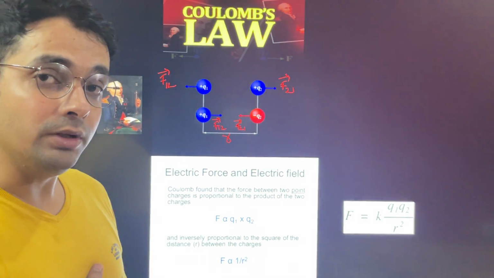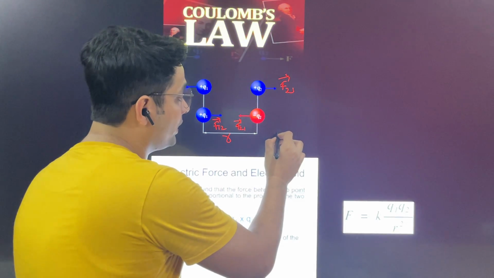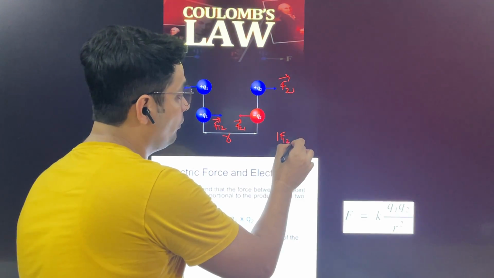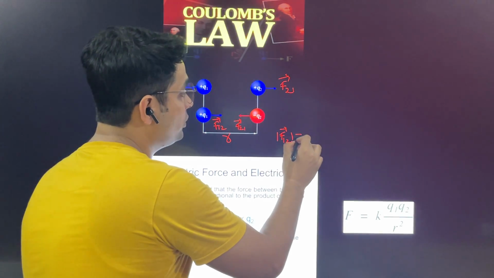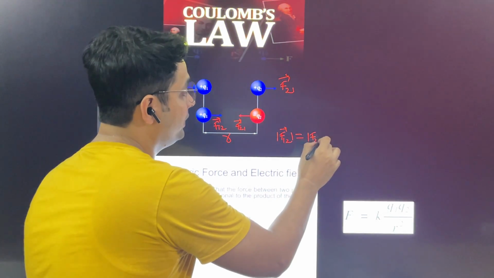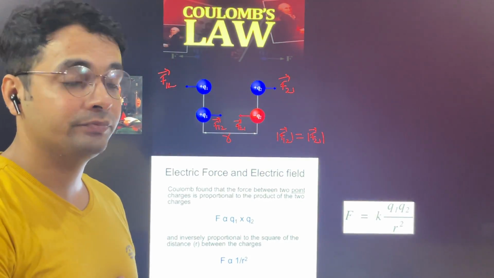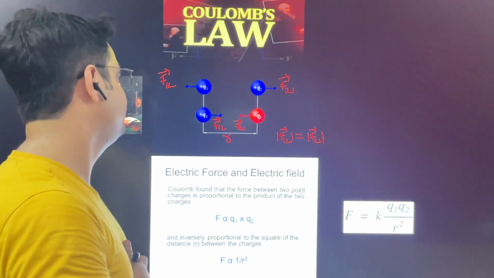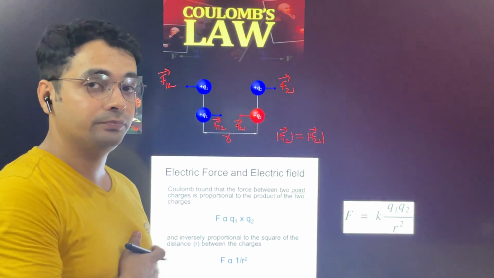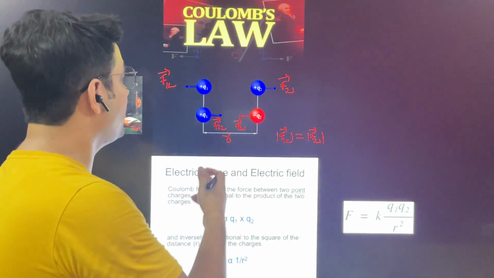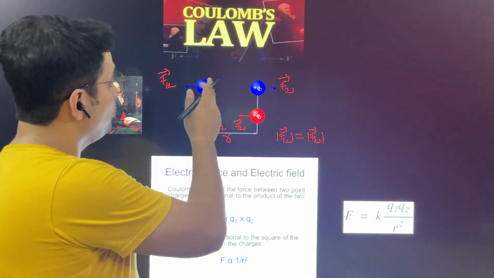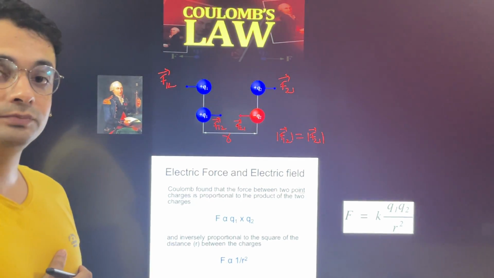Coulomb found that the magnitudes of these two forces are equal, that means F12 vector equals F21 vector. It means the force by which charge q1 is repelling charge q2, with the same force charge q2 will repel q1.